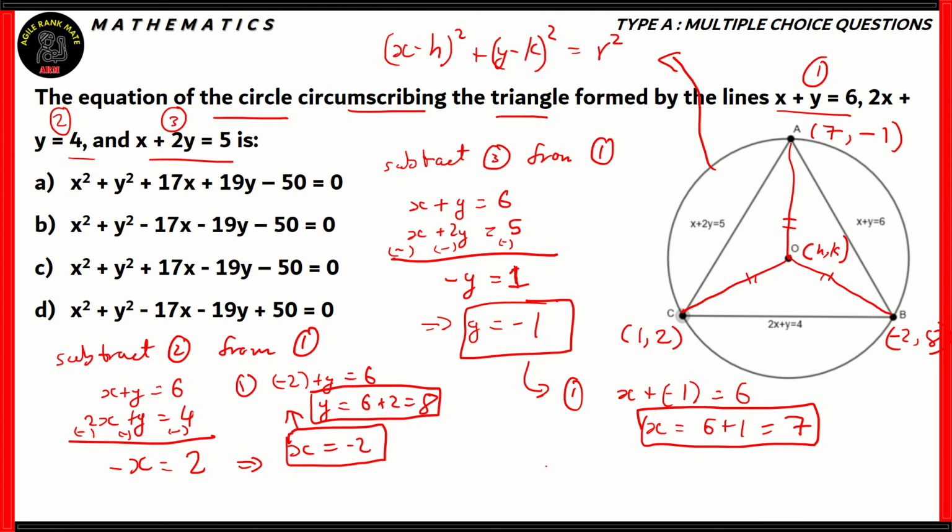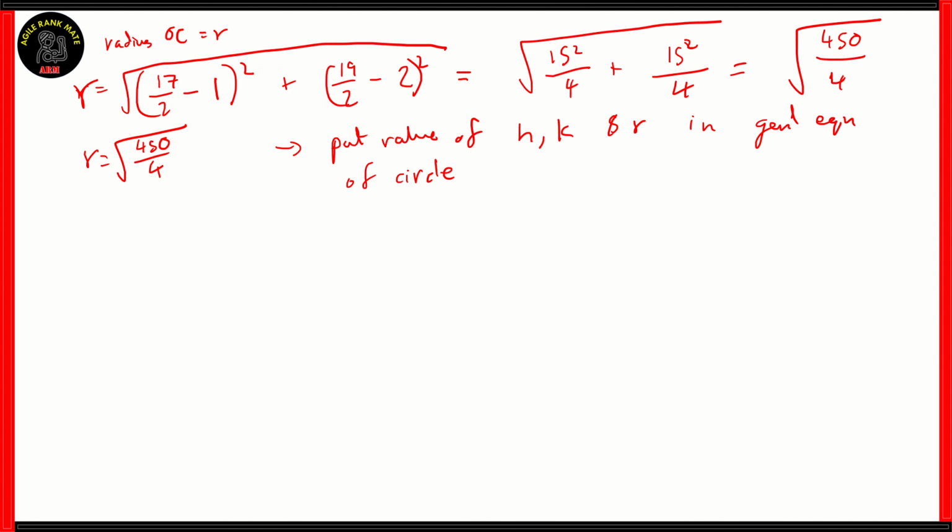So let's apply them here. x minus h in this case is 17 by 2 the whole squared, plus y minus k in this case is 19 by 2 the whole squared, equals radius r squared, which is basically 450 by 4 under root whole squared.